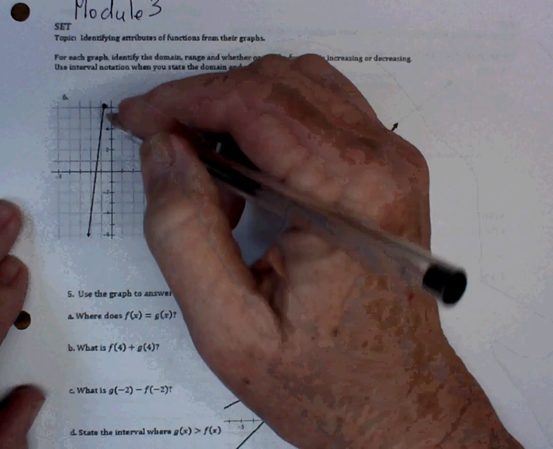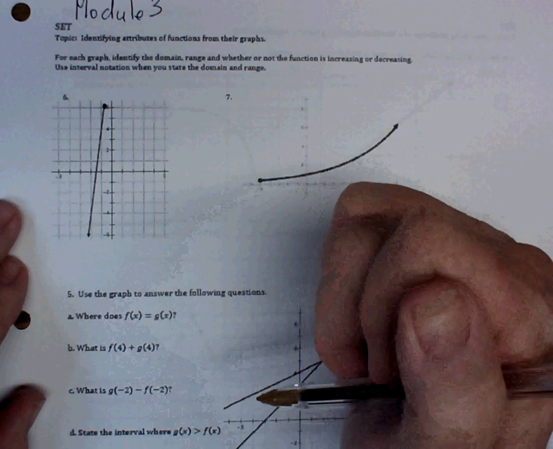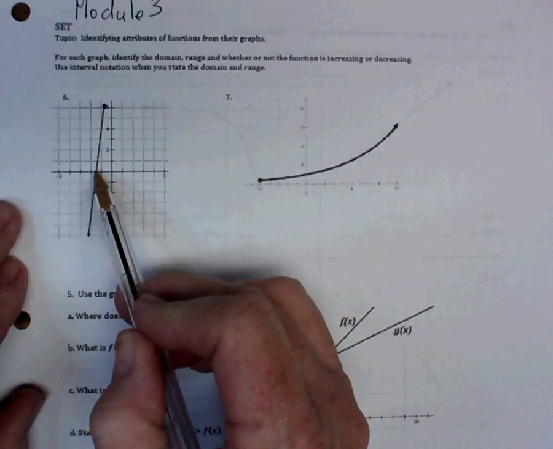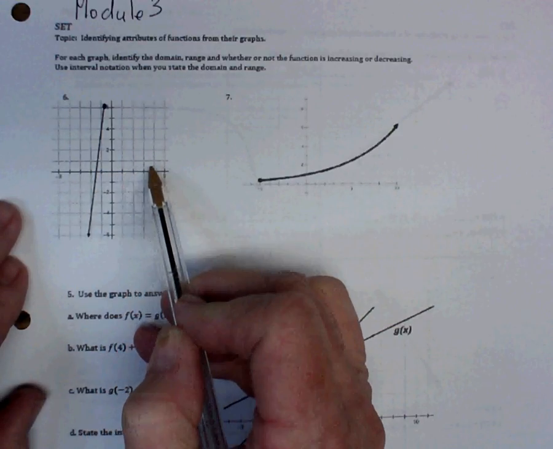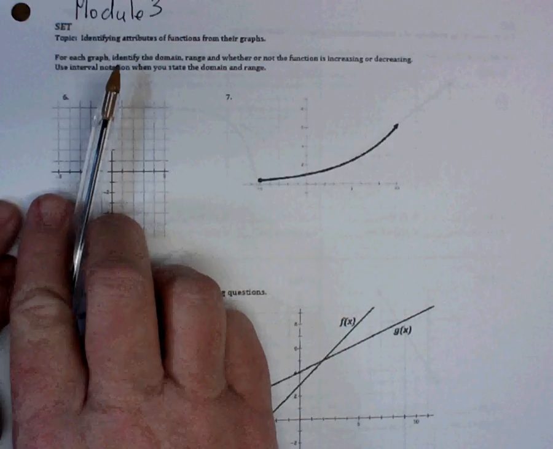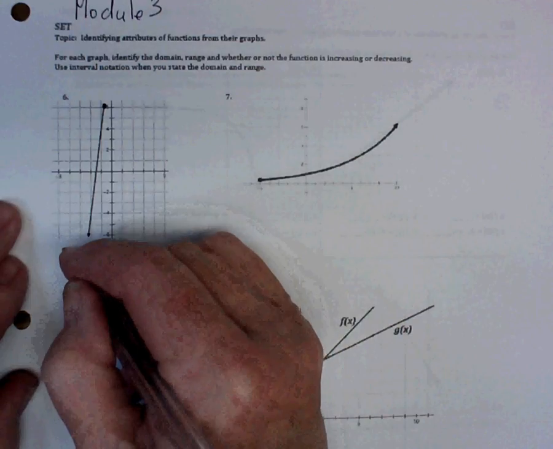That's going to be a square bracket, and it's going to go on forever. As I am increasing my independent variable, my dependent variable is also going up, and it's an uphill. So this is an always increasing function.